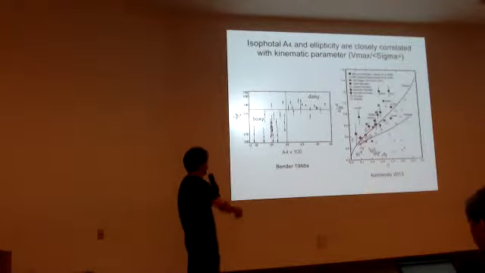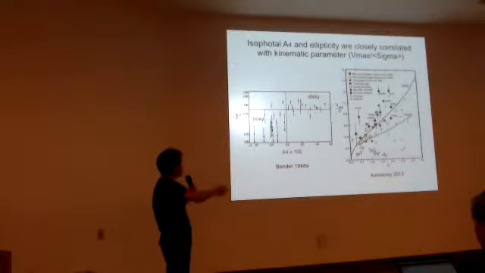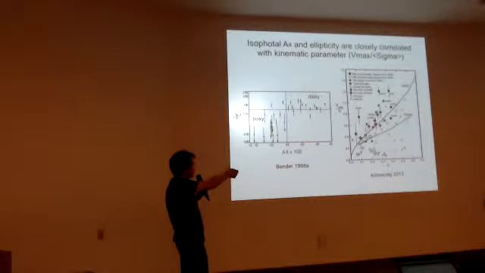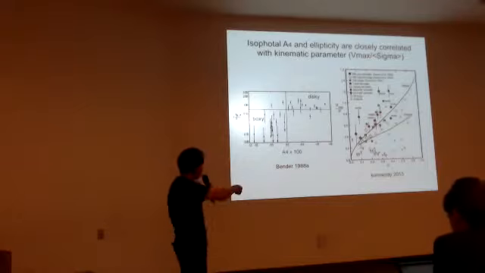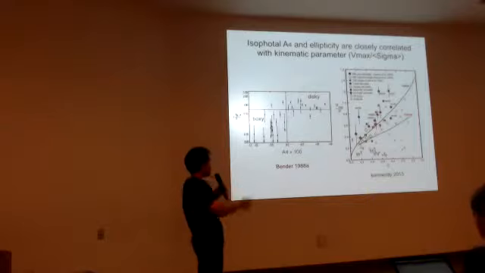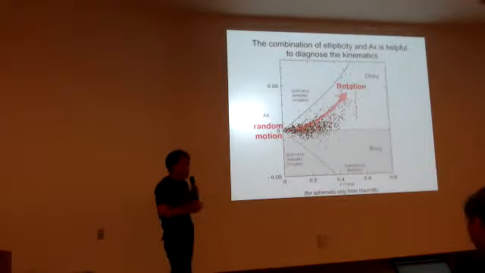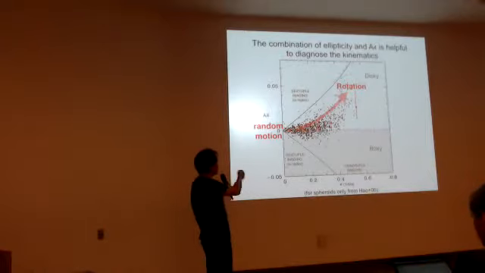It has also been shown the isophotal boxy-disky parameter A4 is correlated with the kinematic parameter, the ratio of the maximum rotation velocity to the mean velocity dispersion. In addition, the ellipticity of galaxies is also closely correlated with this kinematic parameter. So, analysis by combining ellipticity and A4 would be helpful to diagnose the kinematics of galaxies.